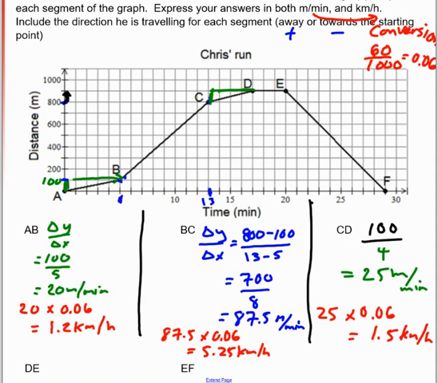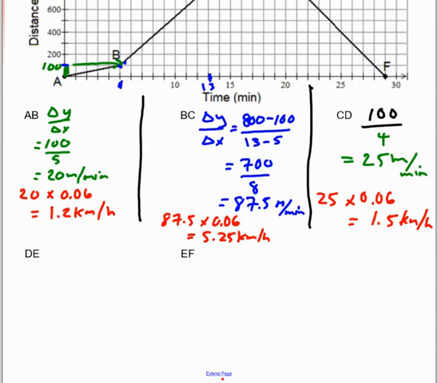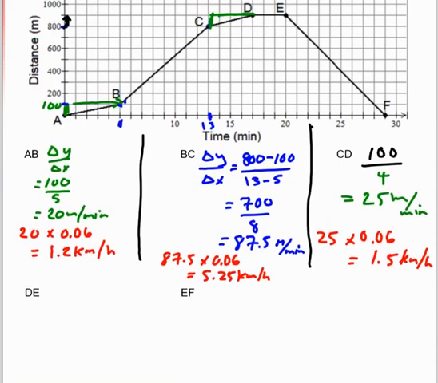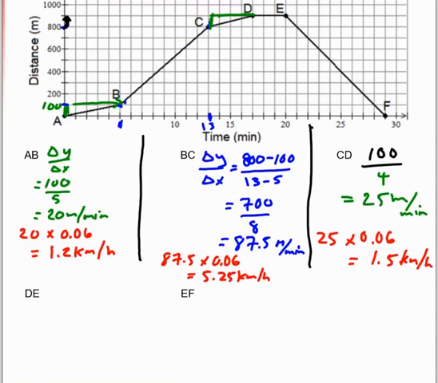All right, good. We got 2 more line segments to go. So hopefully we'll have enough space here and not lose image of our picture. All right, well, DE could be tricky if you overthink it, but what's really happening there at DE? What's my rise? Well, I'm not rising a whole lot, am I? I'm not really going anywhere. So a rise of 0 and a run of 1, 2, 3.